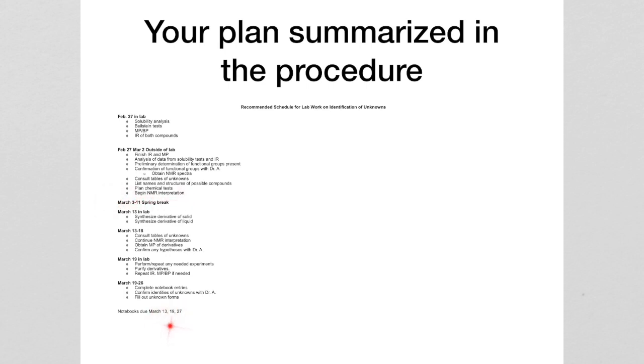You're going to do weekly notebooks still, March 13th, 19th, and 27th. As talked about in the procedure, you're going to be writing more in a narrative format that you came in and that you did things and what your conclusions are. I strongly suggest that when you do this, that you make each experiment a separate notebook entry with its own title, with its own data, and with its own conclusion.